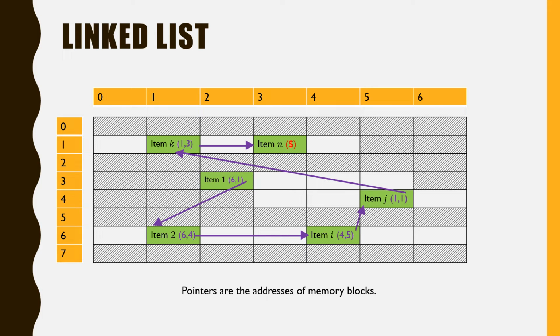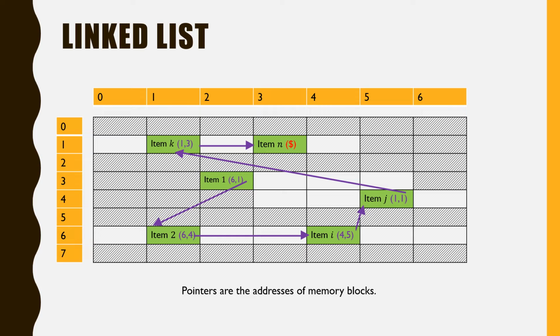As we said, the purple pointers are actually the addresses of the next data element. If the address of a memory block consists of the row number and the column number, then the figure here shows the information that is actually stored in each memory block. We are storing both the original data content and the address.